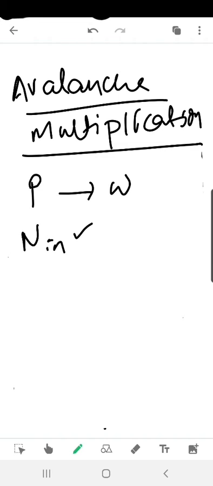If n in is the number of electrons entering from the p side, then the total number of collisions will be n in multiplied by p, because p is the probability and n in is the number of electrons. So the total number of collisions will be probability multiplied by the number of incoming electrons.